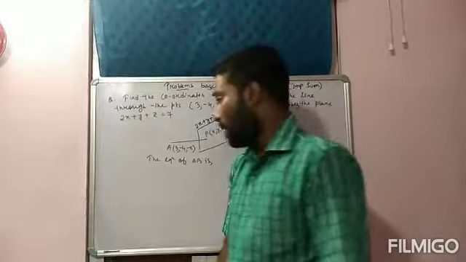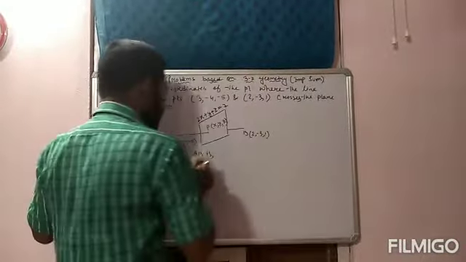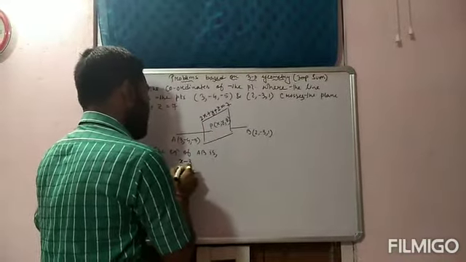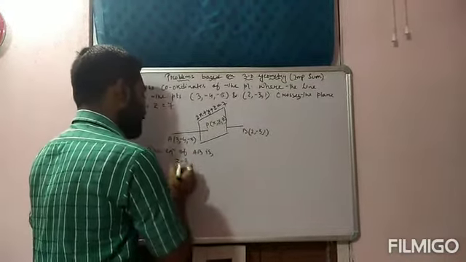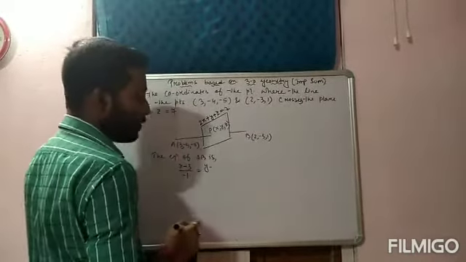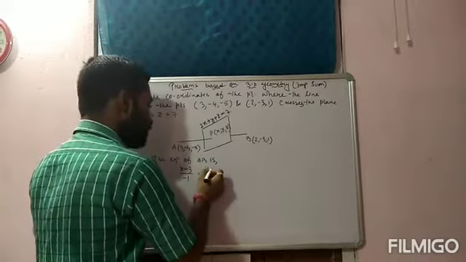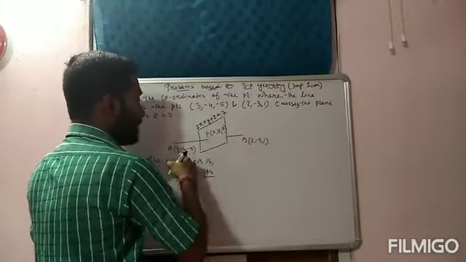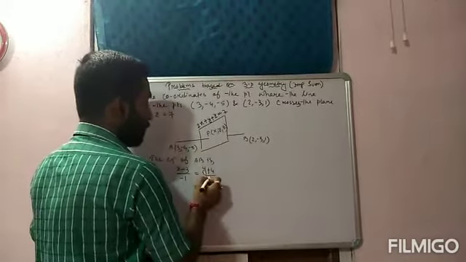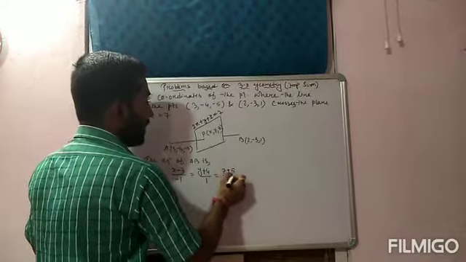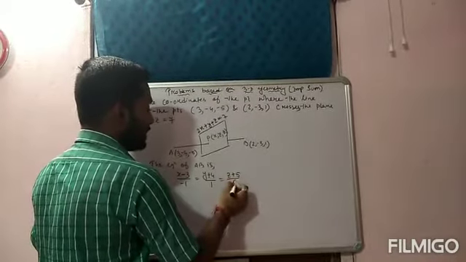So the equation of AB is (x - x1)/(x2 - x1) = (y - y1)/(y2 - y1). Here y minus y1 becomes y + 4, divided by -3 + 4, that is 1, and (z + 5)/(1 + 5), which is 6.